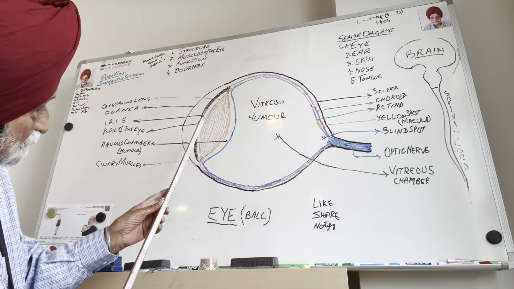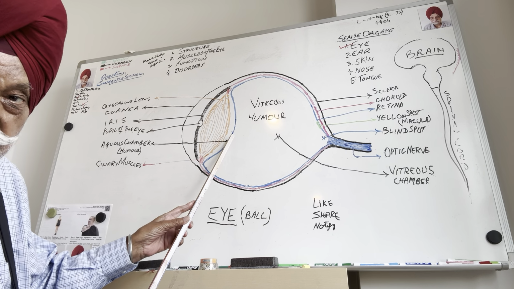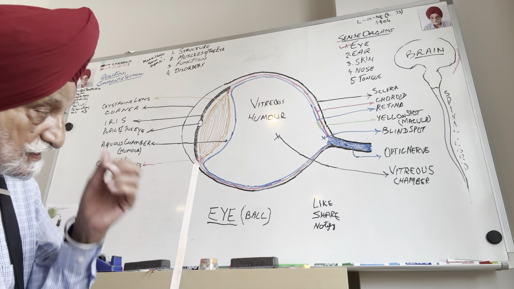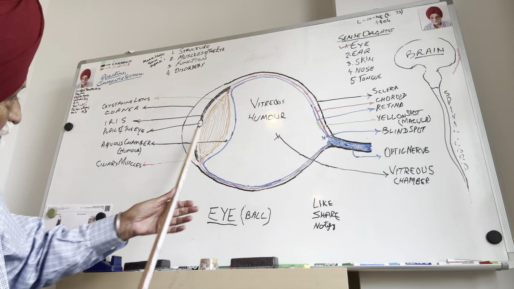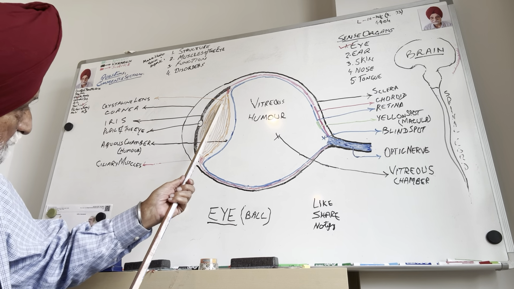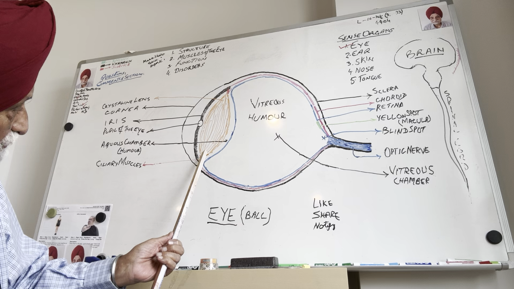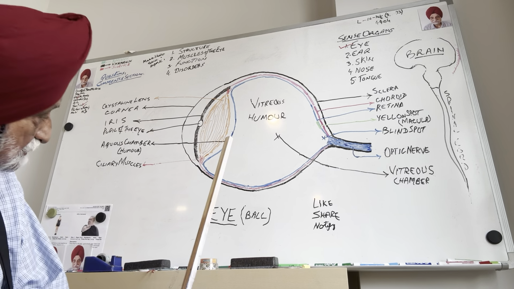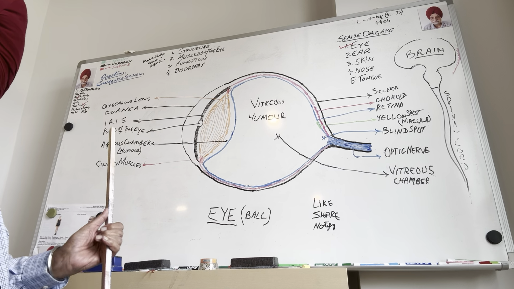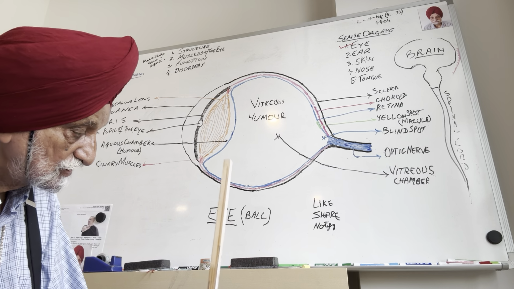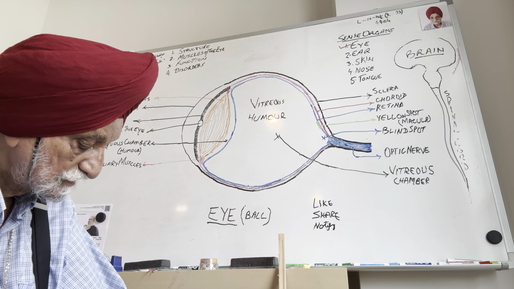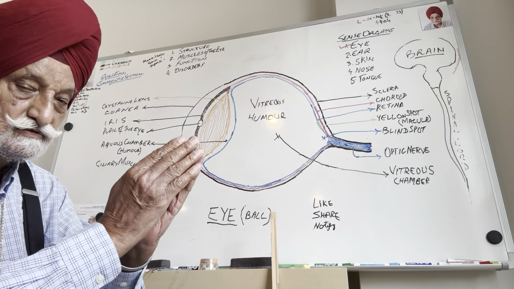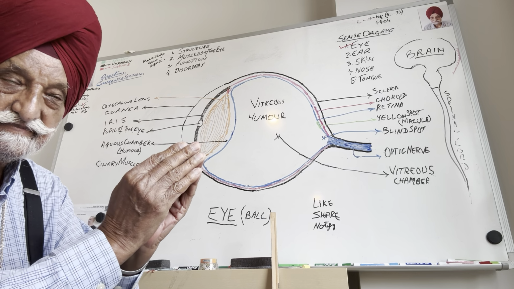Now, in this aqueous chamber is suspended a lens called the crystalline lens, and this crystalline lens is suspended in the aqueous chamber with the help of muscles called ciliary muscles. These ciliary muscles help the lens to become thin and thick.